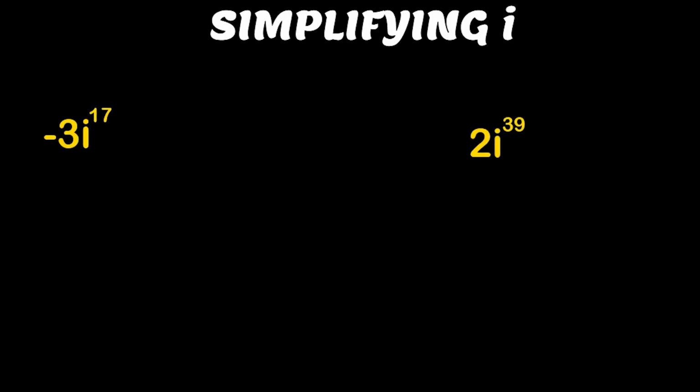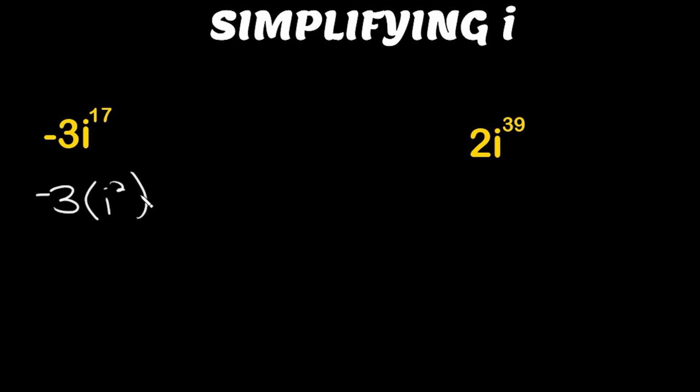All right, so here's our next problem. These are going to be a little more challenging, but it's still pretty straightforward. Your first step is still going to be replace the i with an i squared. So I'm still going to write that -3, but then I'll have i squared. And now how do I make that 17? This one's a little bit different because 2 times any number will not give me 17. So if you ever have a scenario like this, you want to get as close as possible to 17 without going over it.